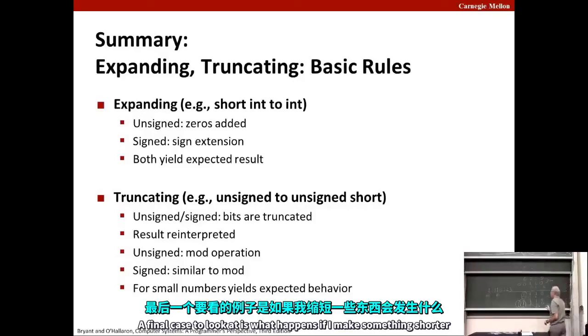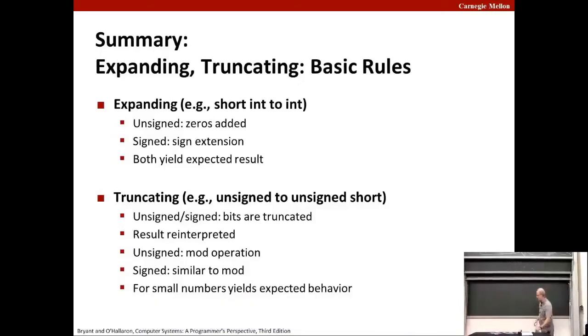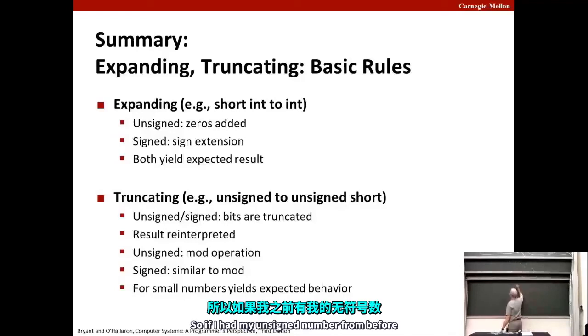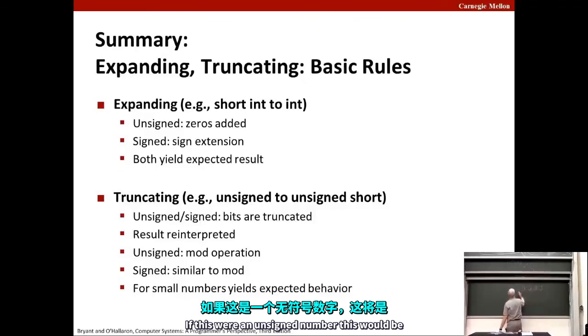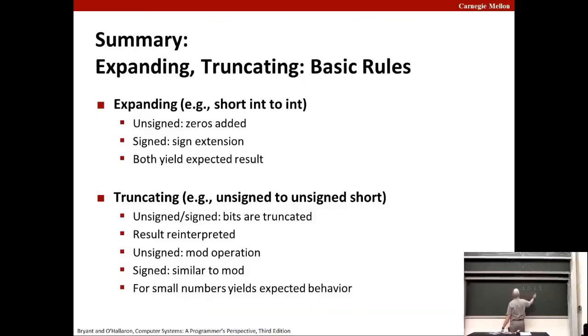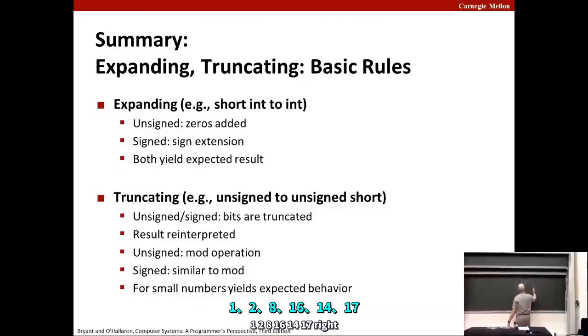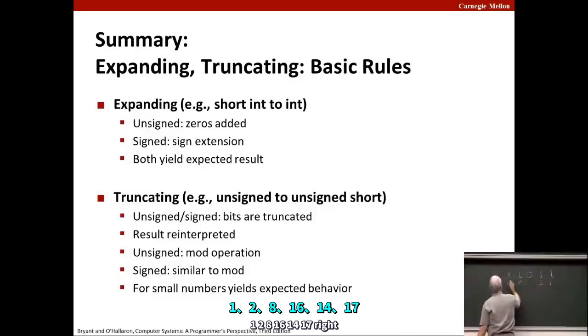a final case to look at is what happens if I make something shorter. So if I had my unsigned number from before, if this were an unsigned number, this would be 16 plus 8 plus 2 plus 1, which is 27.